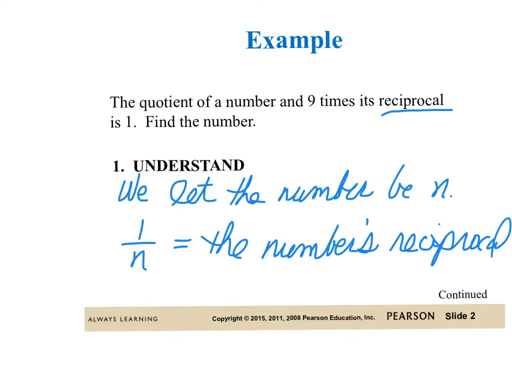Because that's the definition of a reciprocal, is that you take the number, and if the number is n, we always know that n can be over a 1, and reciprocal means that we flip it upside down and turn it into 1 over n.